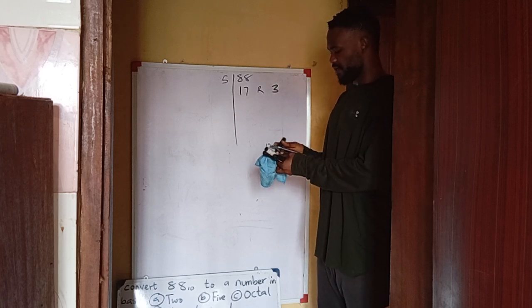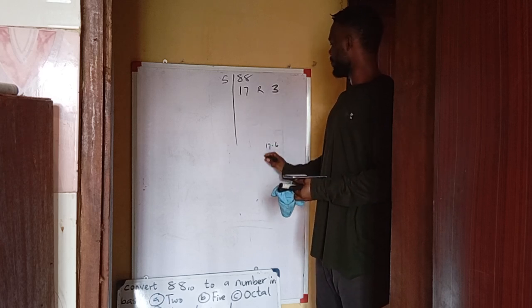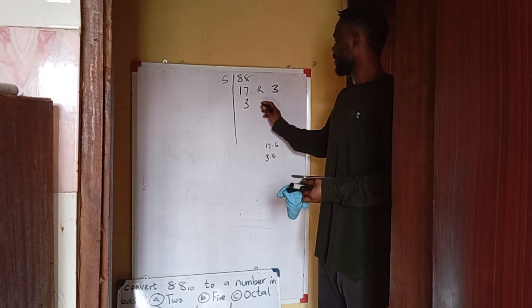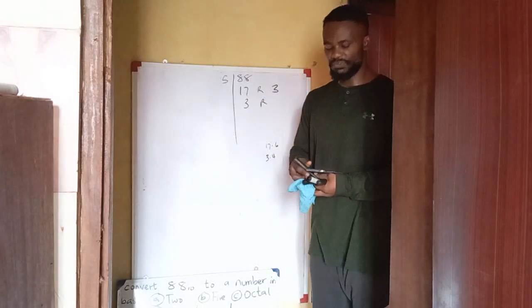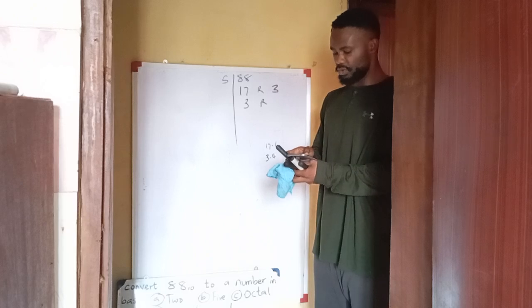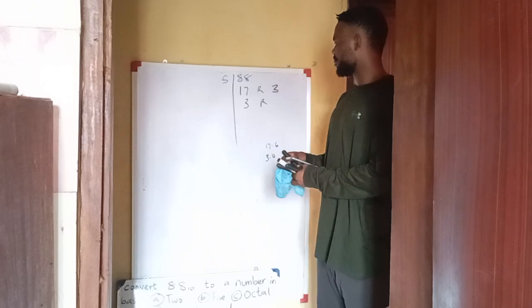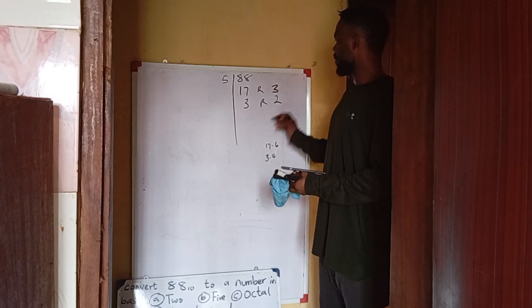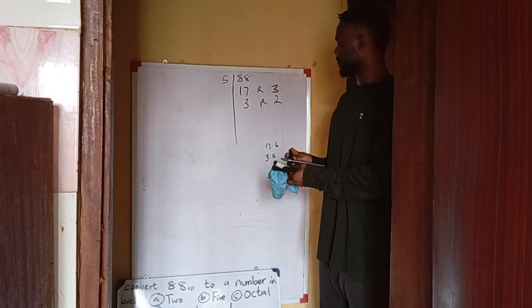So I will go again. 17 divided by 5, on my calculator, will give me 3.4. Write the whole number 3. Remainder: that 0.4 times the base, which is 5. So I'll do 0.4 times 5. It's giving me remainder 2. So I'll go again.